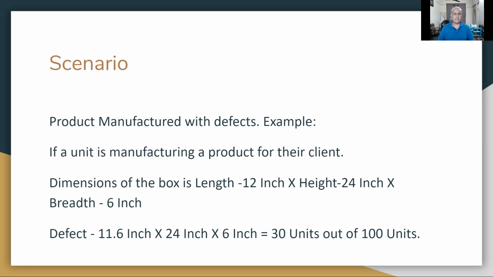Now let's take a scenario where you are a manufacturing unit and you are manufacturing some kind of box for your client. The dimensions of the box which you have received as an order from the client are 12 inches of length, 24 inches of height, and 6 inches of breadth.